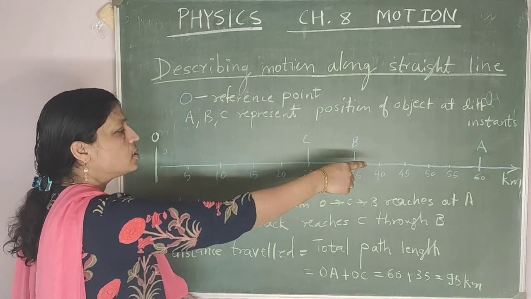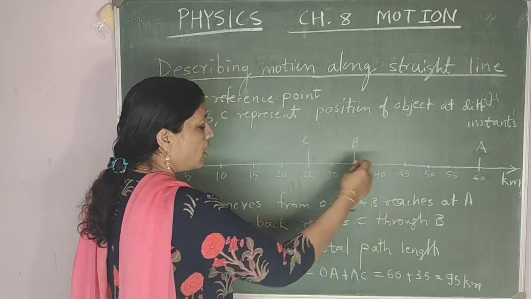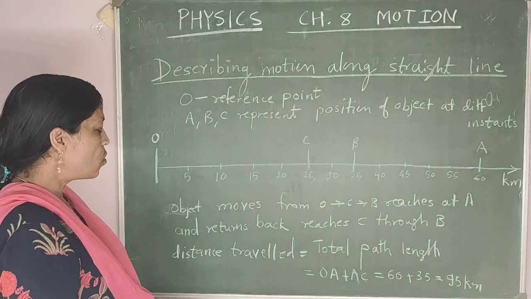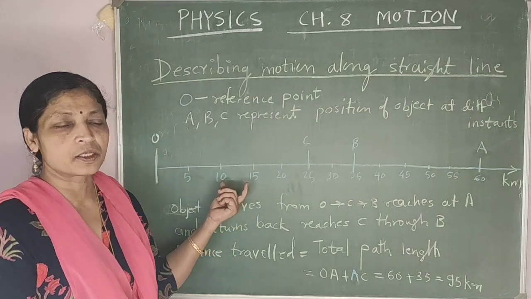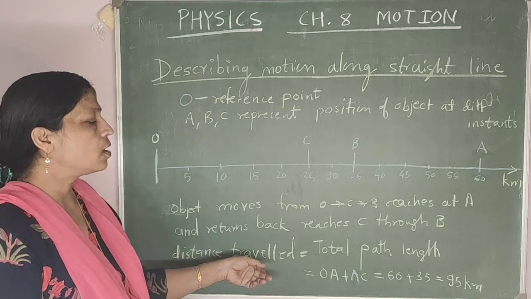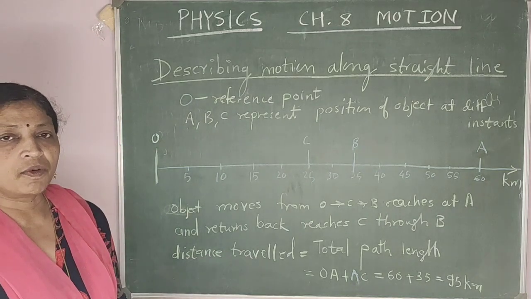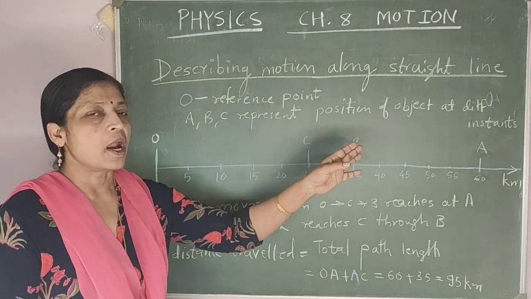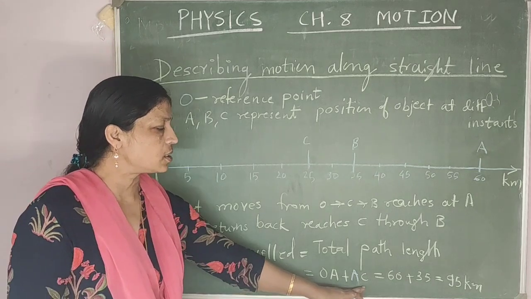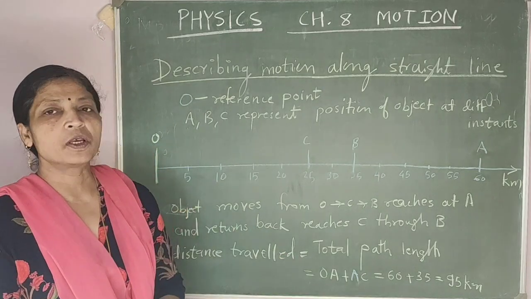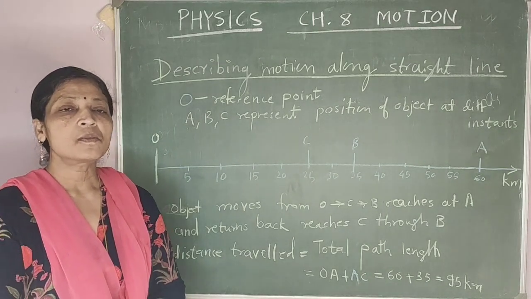So the distance AC is 35. We want to find out the distance covered by the object. The distance covered is equal to the total path length the object has covered from O to A and from A to C. That is equal to OA plus AC, that is 60 plus 35, and it is equal to 95 km.